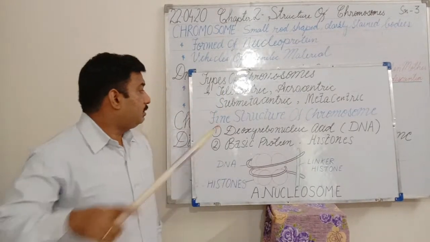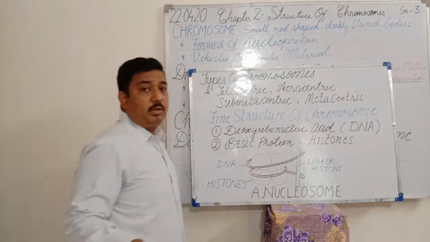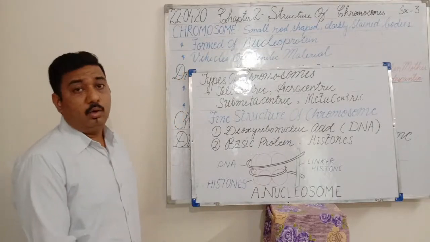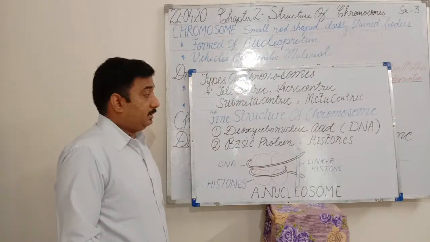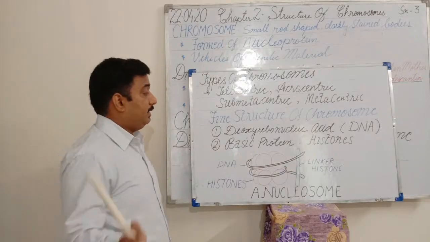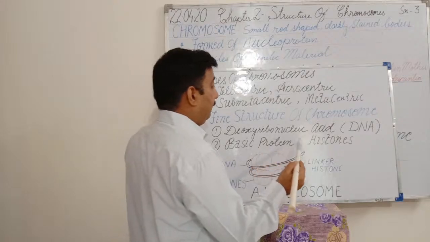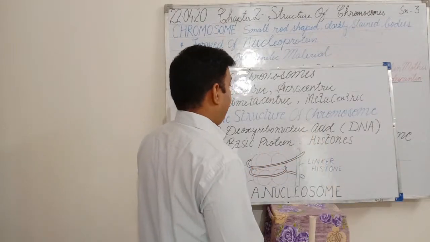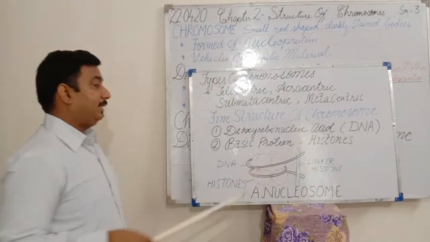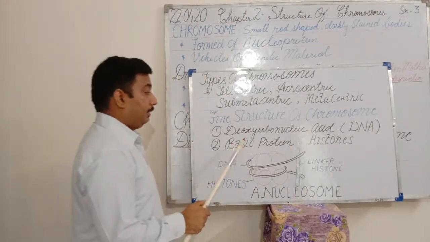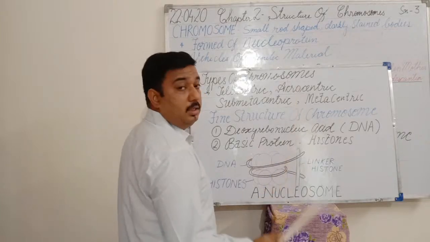What are the two substances of which the chromosome is formed? The very first thing is deoxyribonucleic acid, or DNA. The second thing is the basic protein, that is histone proteins.